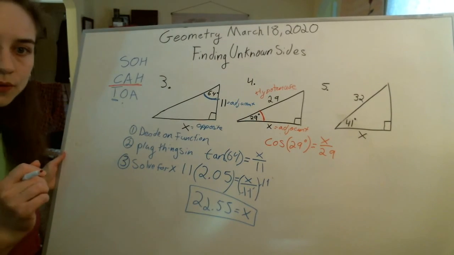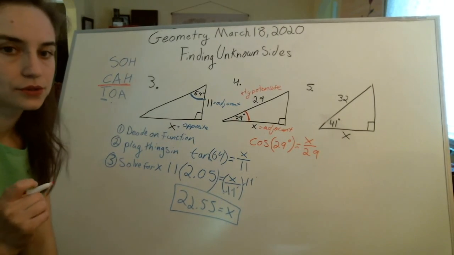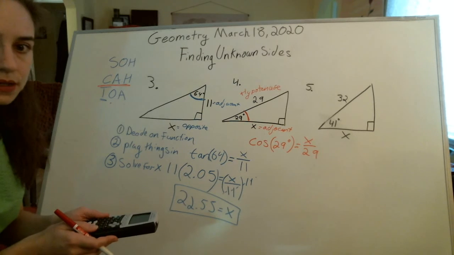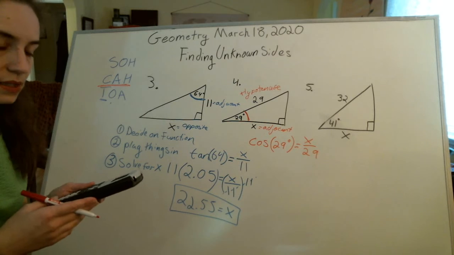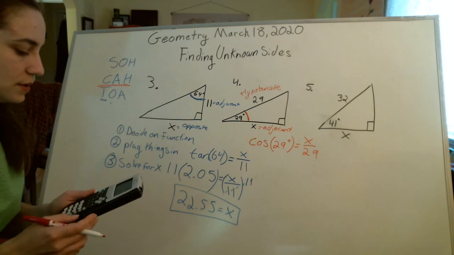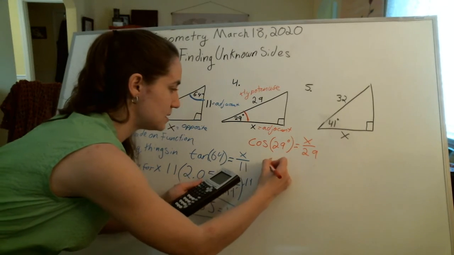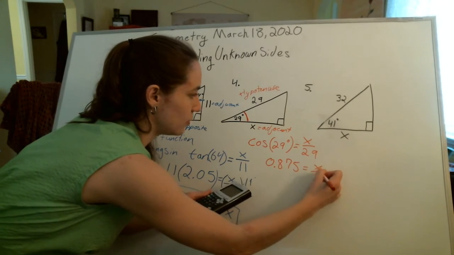Now we're going to solve. Again, you have to use a scientific calculator and type in cosine 29, close parentheses, enter, and we get 0.8745 equals x over 29.